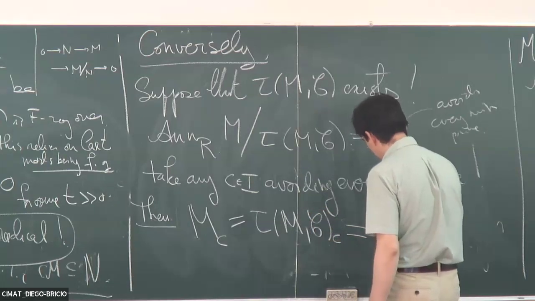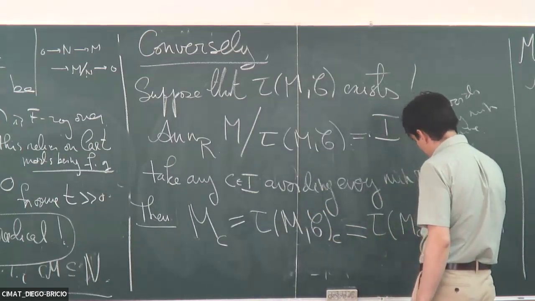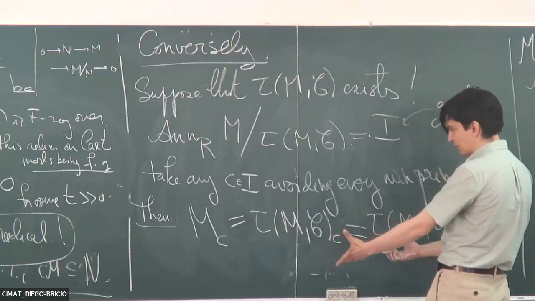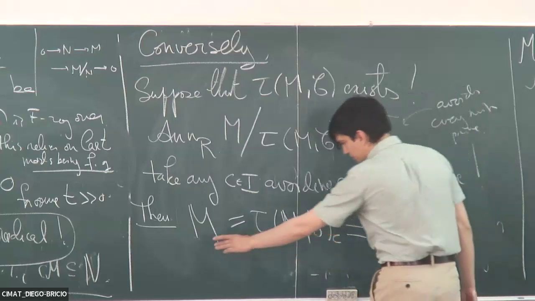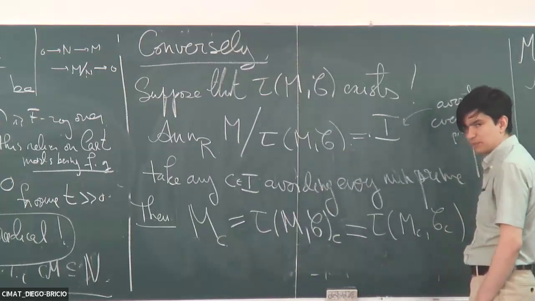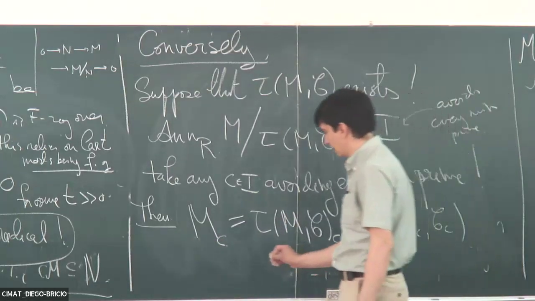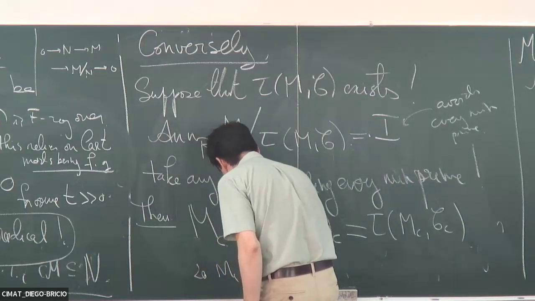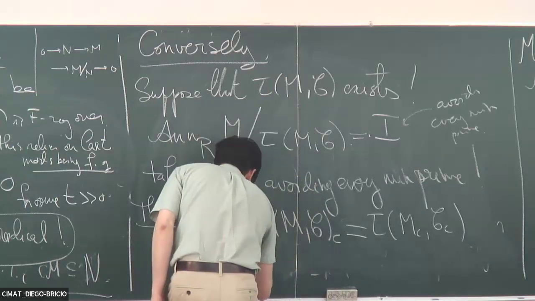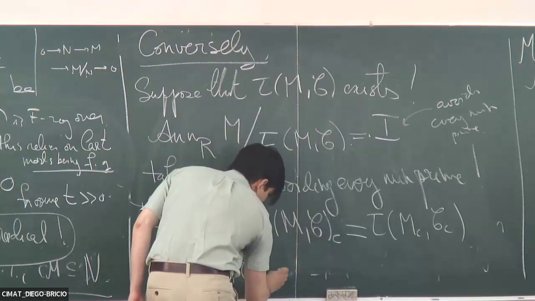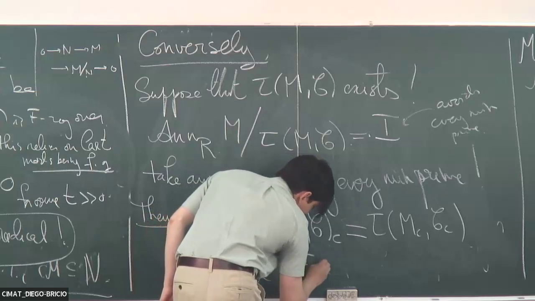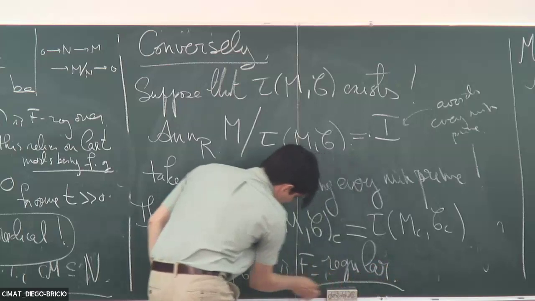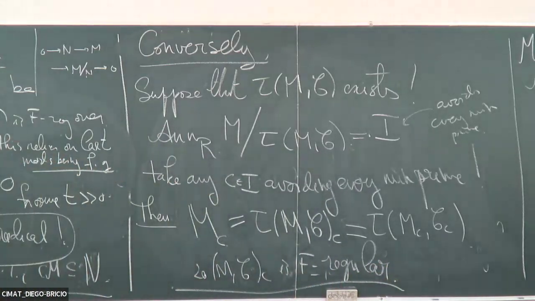So you have C. And so you see, that's what it means to be a regular. M_C equals its test module. So M is a regular. Well, M_C is a regular. Or let's say N comma C localized at C is a regular. Okay.